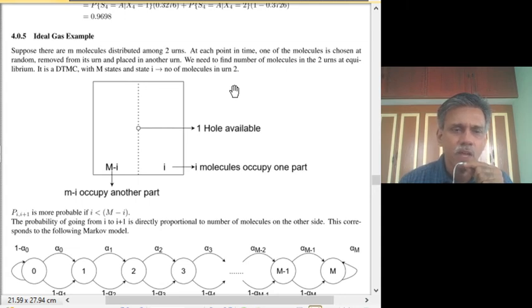That is, we assume that on one side of the partition we have I molecules. Totally there are m molecules, so on the other side there are m minus I particles. Okay? And then at any given time a molecule can go from one partition to another or vice versa.